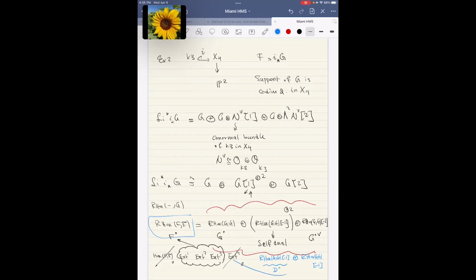So if you look at it, you will see that these 2 things are exactly dual to these 2 things. So in some sense, even though the left-hand side has 3 non-vanishing cohomologies, the object in the derived category that induces those cohomologies is kind of nice derived categorically. It's like twice the theory of the threefold.